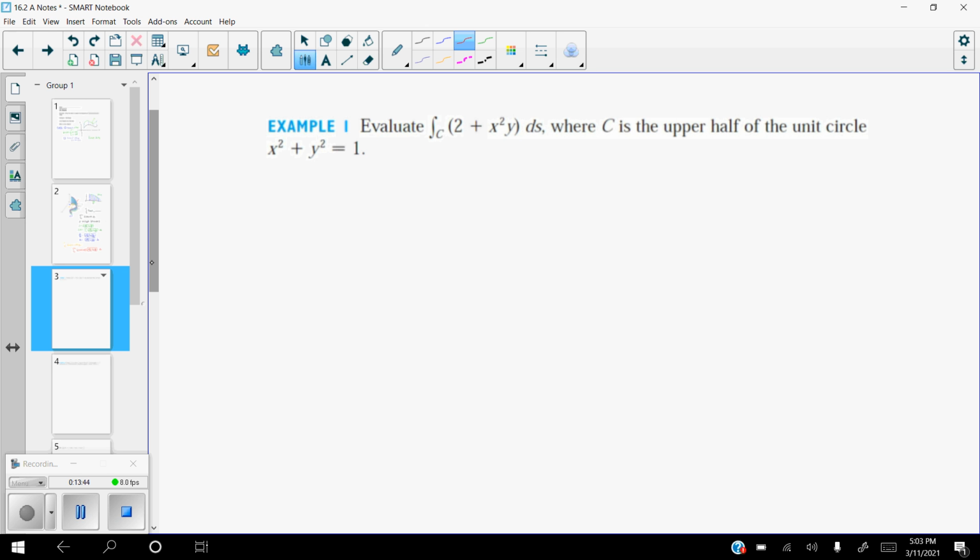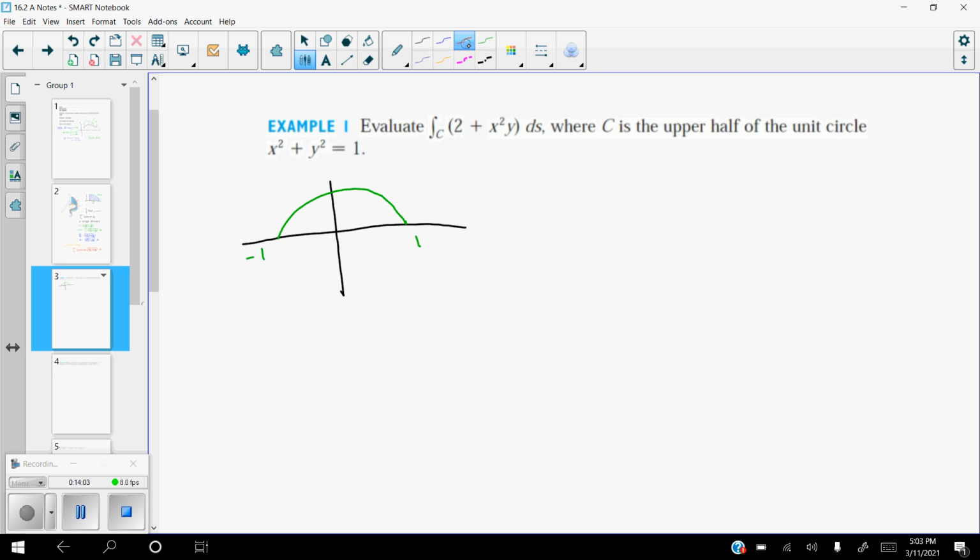Whatever this thing looks like when I project it down into the xy plane, the projection is going to be the upper half of a circle, x squared plus y squared equals 1, which means you have a radius of 1 in either direction.